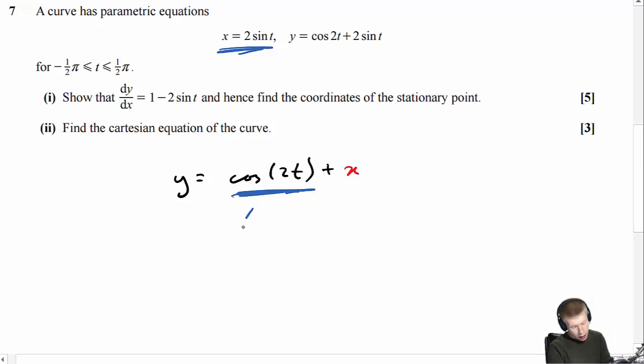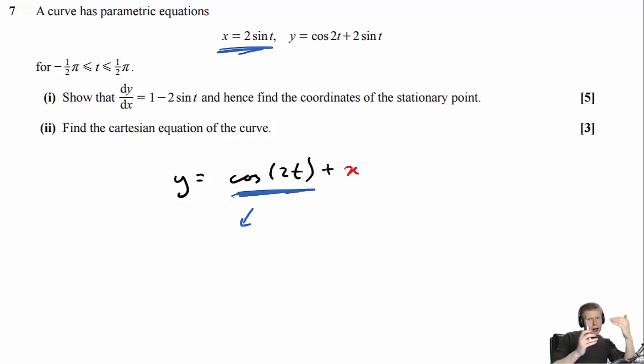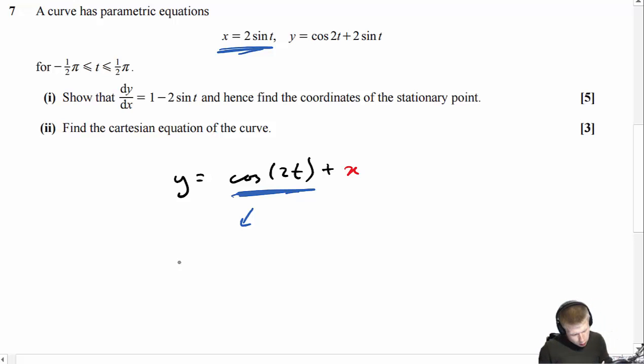You can see how important they are, okay? And I know that one of my double angle formulas for cos, there's 3 of them in total. There's cos squared minus sine squared. That's the basic one. But then I can work out other ones just involving sine or just involving cos. I want the one just involving sine, so I know that cos 2t is equal to 1 minus 2 sine squared t. Ooh, that's looking promising.